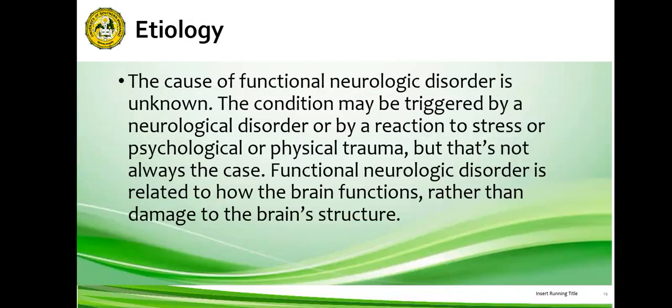So moving on to etiology, the cause of functional neurological disorder is unknown. The condition may be triggered by a neurological disorder or by a reaction to stress or psychological or physical trauma, but that's not always the case. Functional neurologic disorder is related to how the brain functions rather than damage to the brain structure, such as from a stroke, infection, or injury.